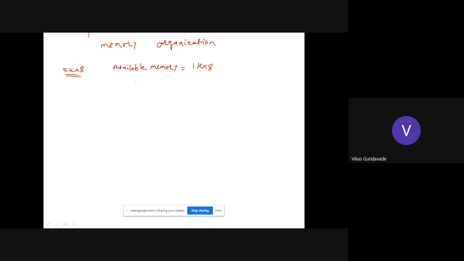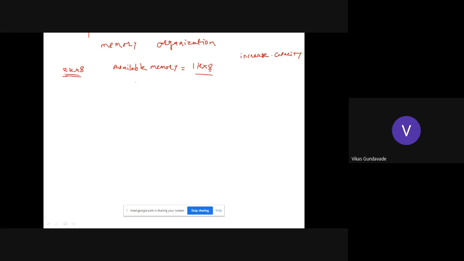Now using 1K by 8 memory, we need to make the capacity of the external memory which we need to interface to the microcontroller 2K. So here we can identify that we need to increase the capacity, not the word size.